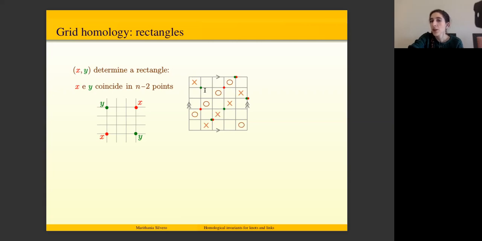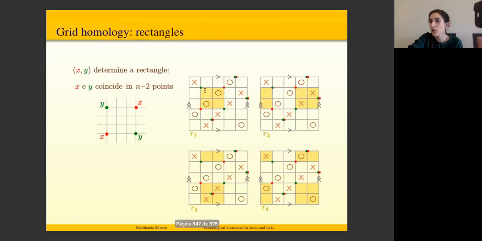Yeah. So here, remember, we are in the torus. So these 2 generators determine 4 rectangles. This one, this one, this one, and this one, right? The same generators determine 4 rectangles, right? Because we are in the torus. So R1 is a rectangle determined by X and Y. R2, now if the rectangle is this one, the northeast corner is green and the southwest corner is green.